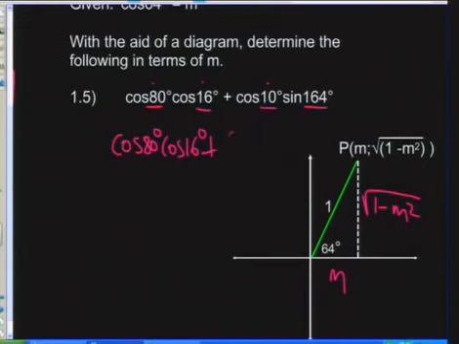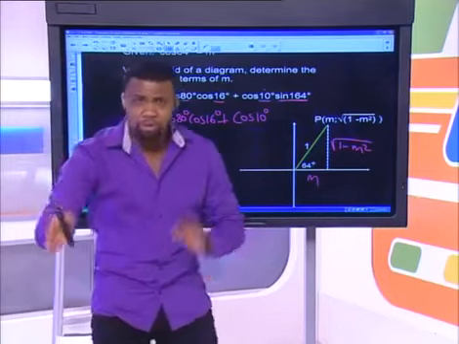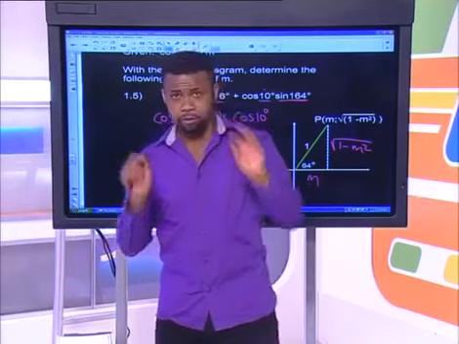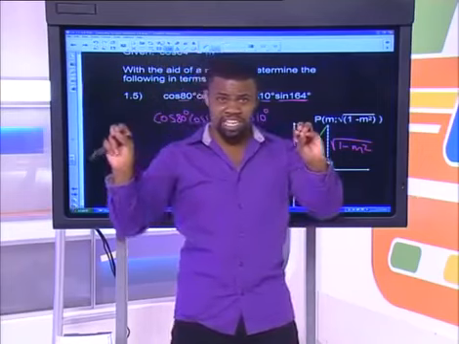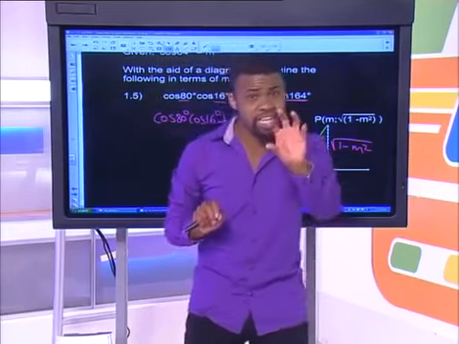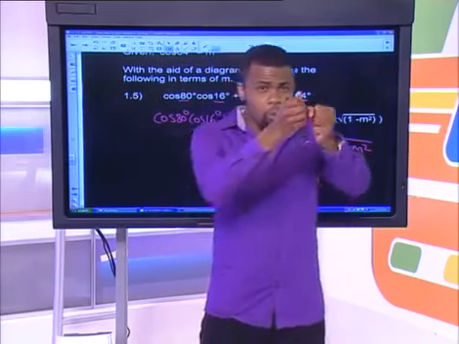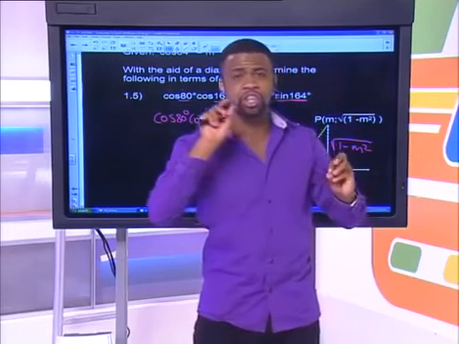Then, how can I reduce 196? Using my reduction formula. Where is 196? You have 0, 90, your Cartesian plane. You have 0 there, 90, 180. Where's 196? Second quadrant. Second quadrant, what do we have? 180 minus theta.